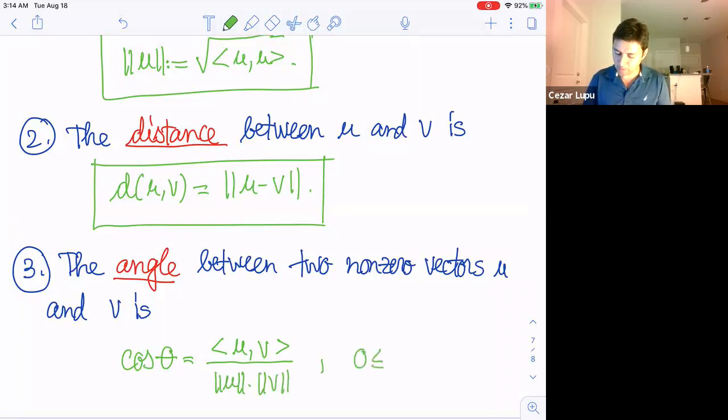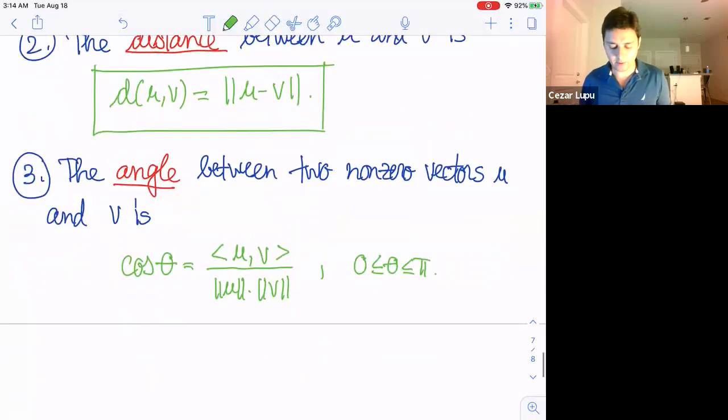For theta between 0 and pi. So theta is the angle between the two vectors, right?